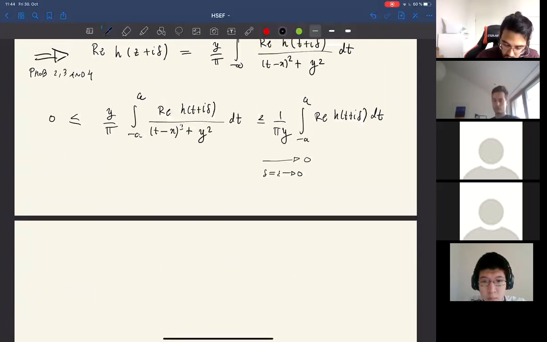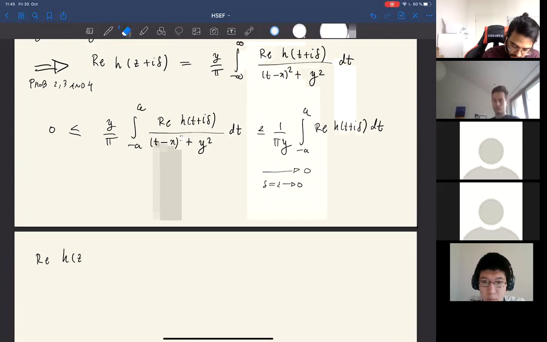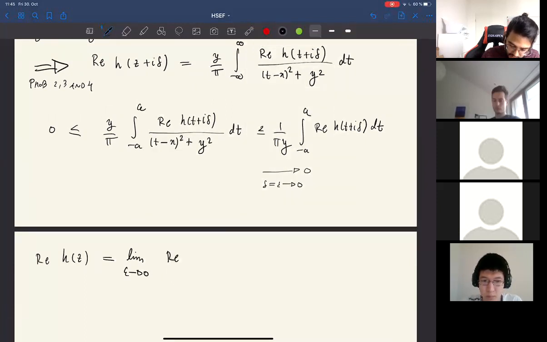So now I know that, great, now I can use this information back in the formula for h. That is definitely the limit, with delta equals epsilon, when epsilon goes to 0 of, let's say, the real part of h of z plus i epsilon, for which we do have a formula, which is this.